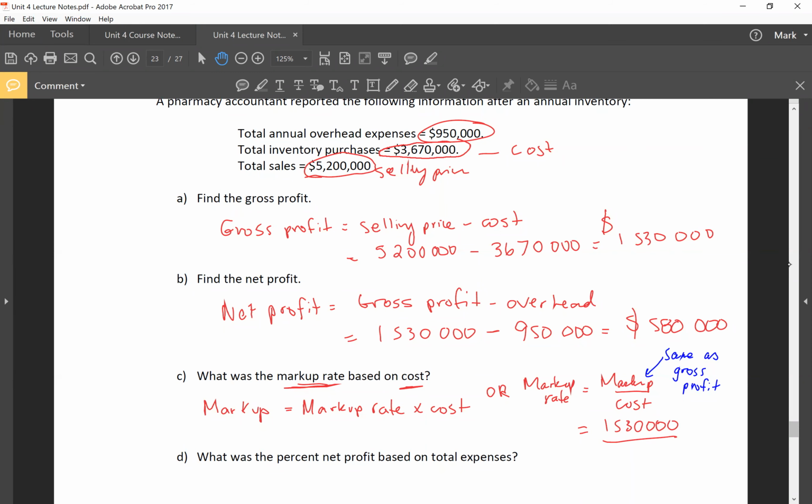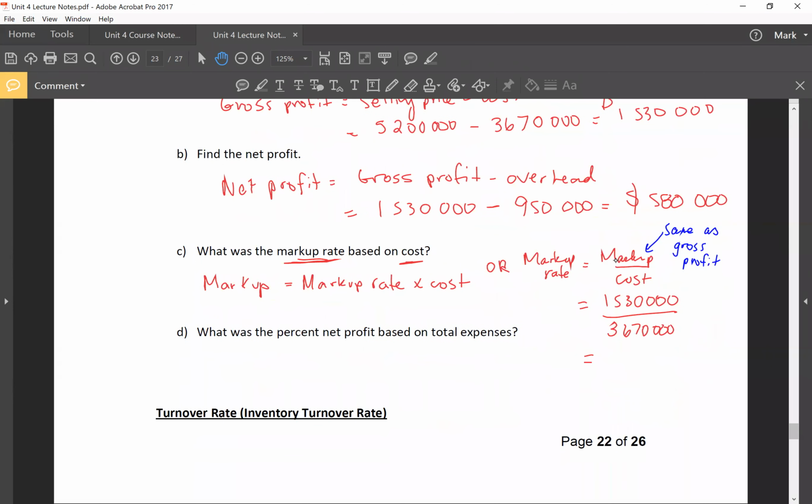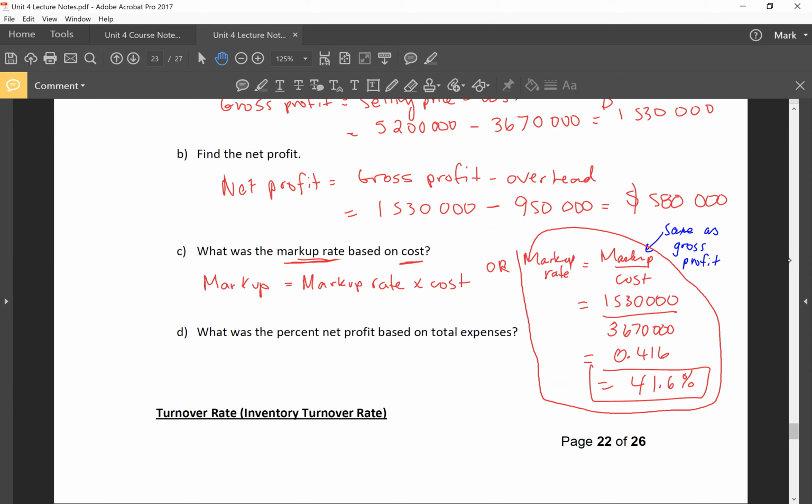My cost is in the question, 3,670,000, and what I'm going to get on my calculator is 0.416, or 41.6%. Sorry, this looks like a lot of writing, but it's really just this right here. They really didn't give me much room to write that down.